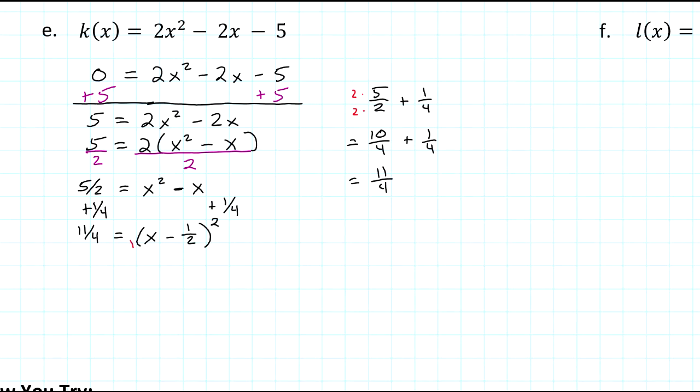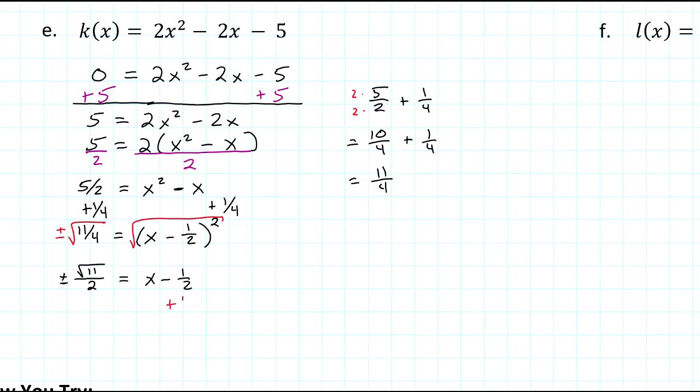All right, let's go ahead and take the square root of both sides now. Plus or minus when we do so. And when we do this, this actually simplifies nicely. We'll have a plus or minus square root of 11 over 2, because we can take the square root of 4 and have a 2 in that denominator. On the right side, we now just have x minus 1/2.